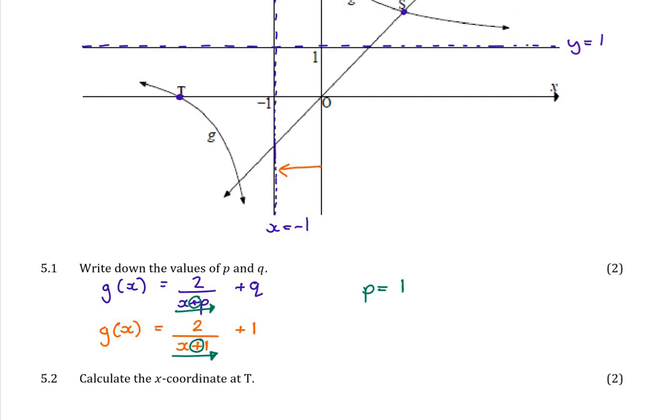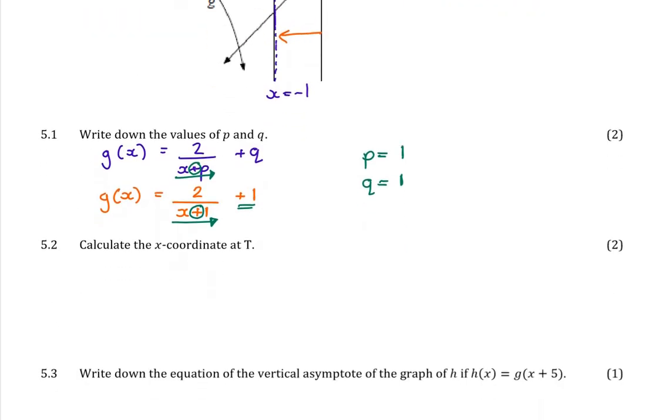And so p has to have a value of just 1 in order to make this work. I can also see that q has a value of 1 as well. Okay, so just be careful of the signs. You never actually know the signs by looking at a graph because it depends on what the default formula is that they gave you.